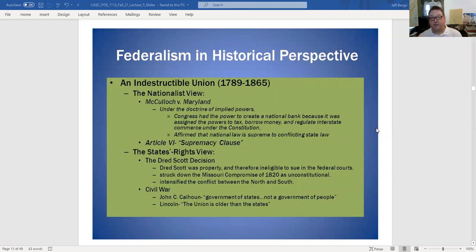Use those years, 1789 to 1937. Let's say that's point A. Point A is dual federalism, and you might put in parentheses, states are responsible for most of the fundamental governing. 1789 to 1937.